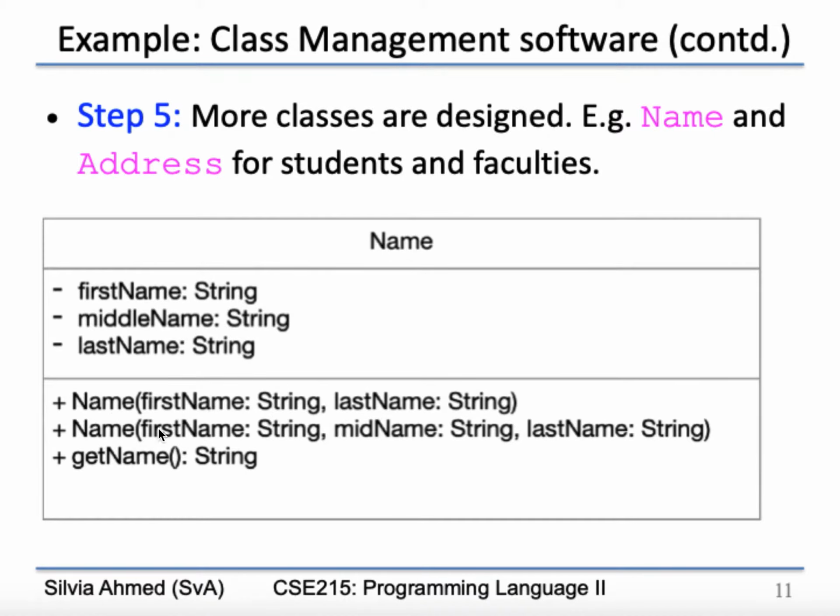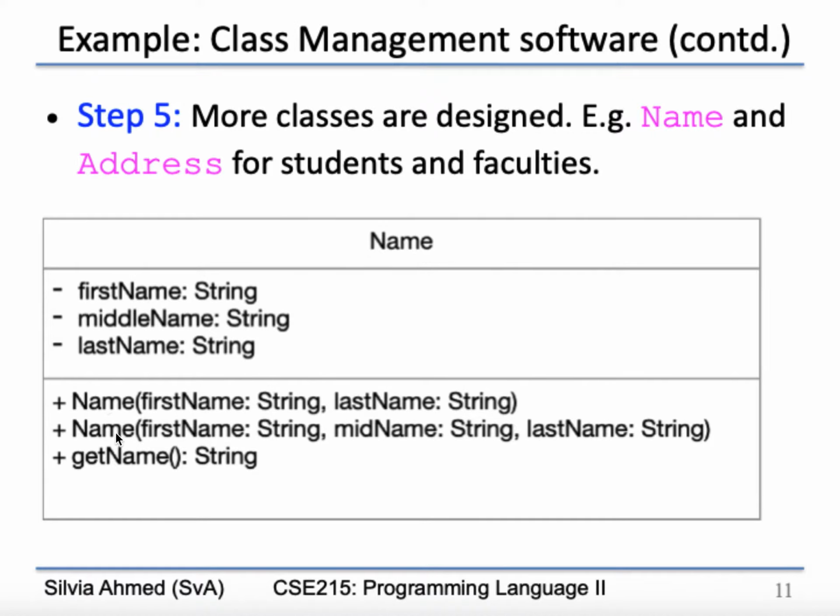In this name class designed by me, my choice is not to have any no argument constructor, because I don't want an empty name for any student or any faculty member. Rather, I want to make sure that any person will have two parts of the name at least.